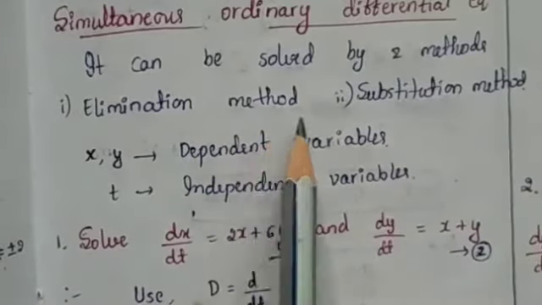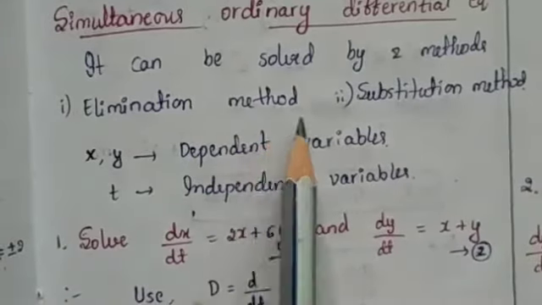So you get Dx equal to 2x plus 6y and Dy equal to x plus y. These equations can be written as Dx minus 2x minus 6y equal to 0, and minus x plus Dy minus y equal to 0.